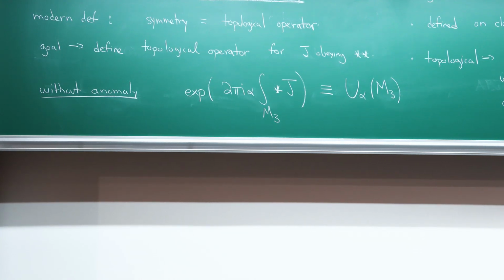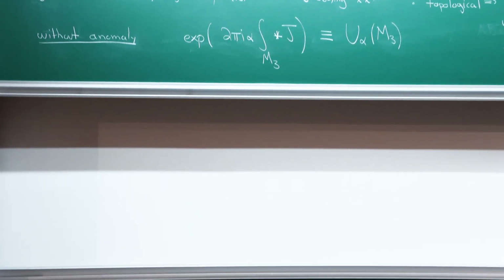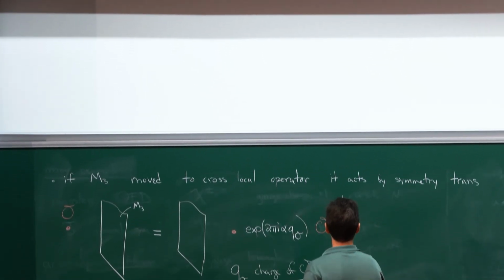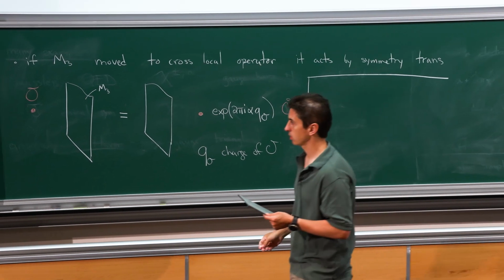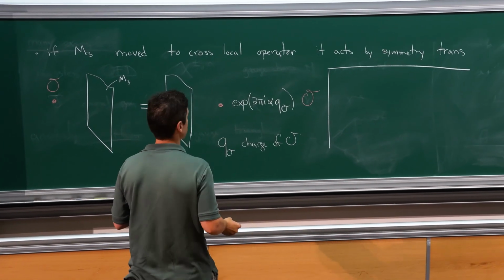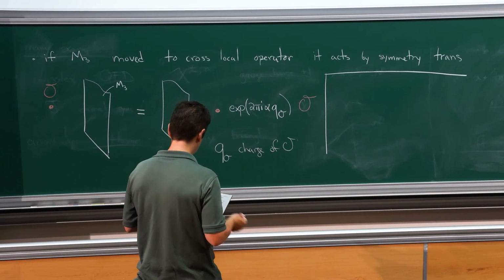More questions? Hopefully you've seen this kind of presentation before. Okay. So that was everything. Just a little summary of symmetry transformations and symmetry operators without the anomalous divergence.